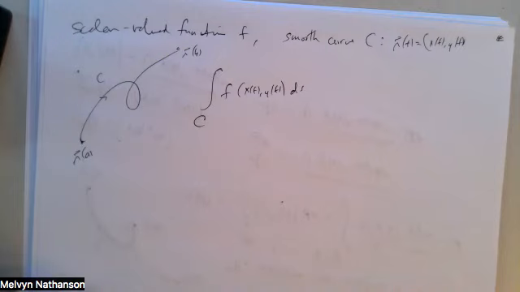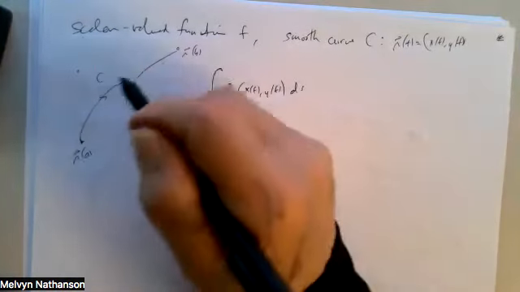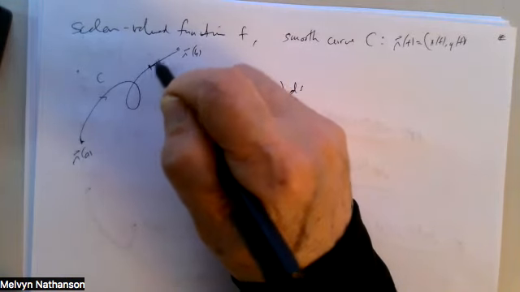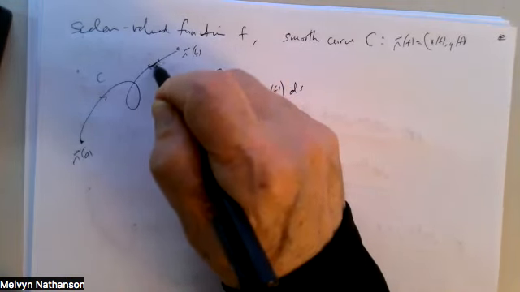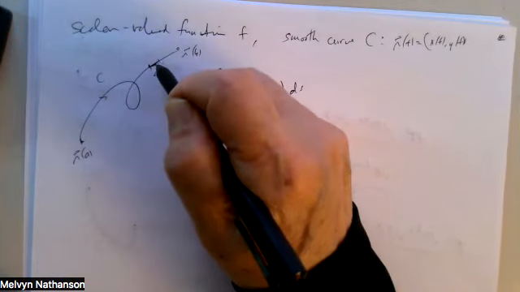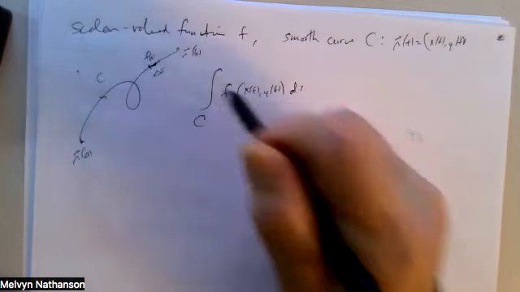And as I described briefly last week, the way you understand what this line integral means is you take the curve and break it up into little pieces. Each little piece has some length, delta s. Take the value of the function at some point on the curve.